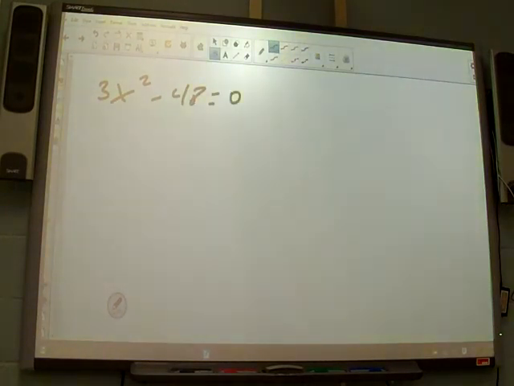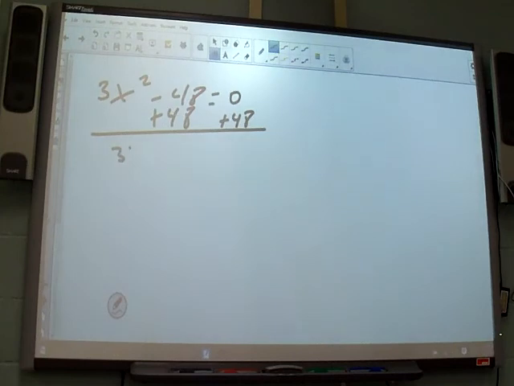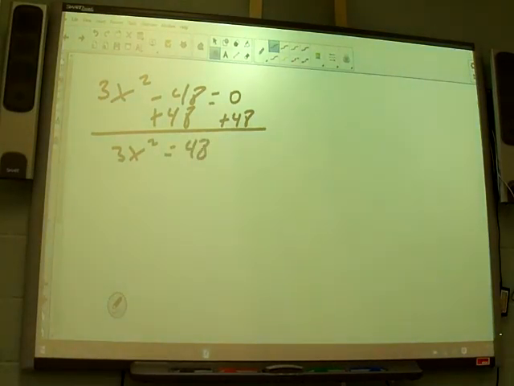Easiest thing to do when your b is 0 is just get the x all by itself. So we could move that 48 over. So we'd have 3x squared equals 48. Then undo the multiplication of 3. So we'd have x squared equals 16. Then undo the squared by square rooting.